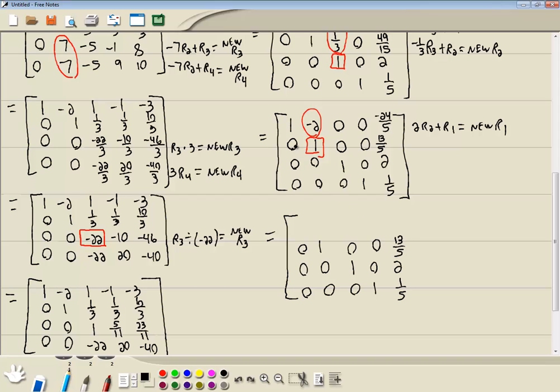Okay, 2 times 0 is 0 plus 1 is 1. 2 times 1 is 2 plus negative 2 is 0. 2 times 0 is 0 plus 0 is 0. 2 times 0 is 0 plus 0 is 0. 2 times 13/5 minus 24/5. And math, enter, we get 2/5.